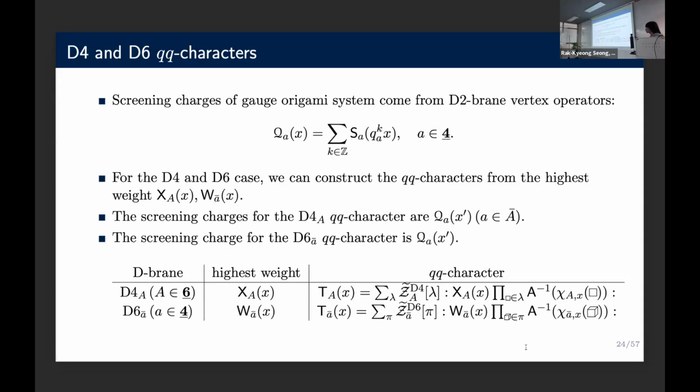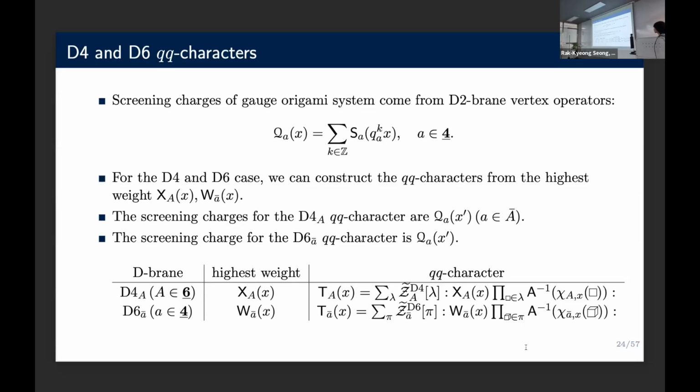Then, as you do in the q-Virasoro, you impose the commutativity with this screening charge and try to determine what kind of algebra you get. And actually, if you think of D4 and D6, if you introduce a nice highest weight of it and study the commutativity, you can automatically determine all of the terms here.